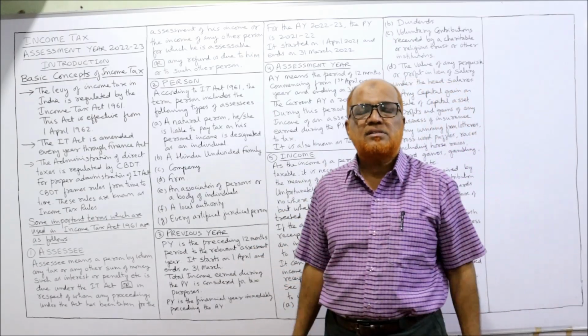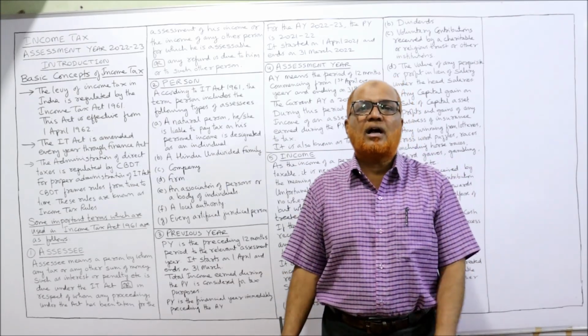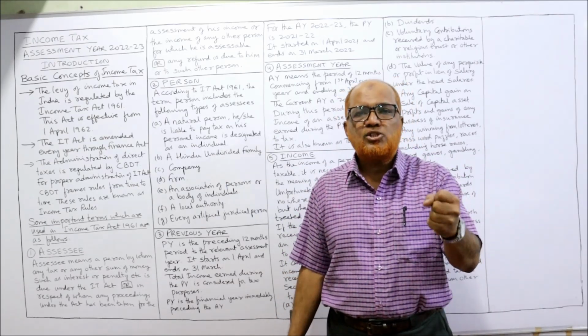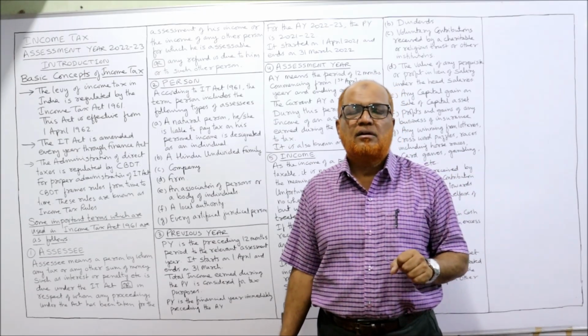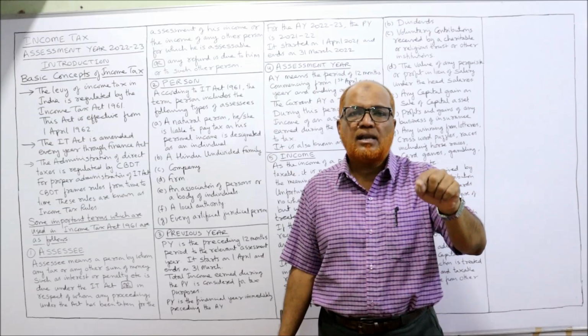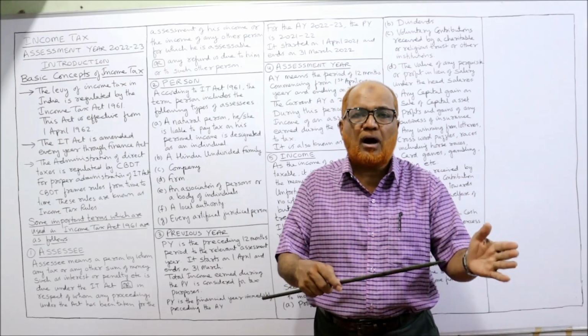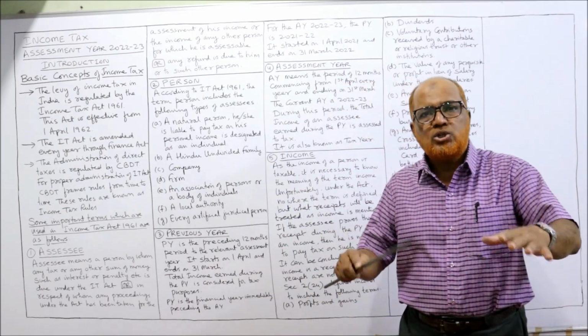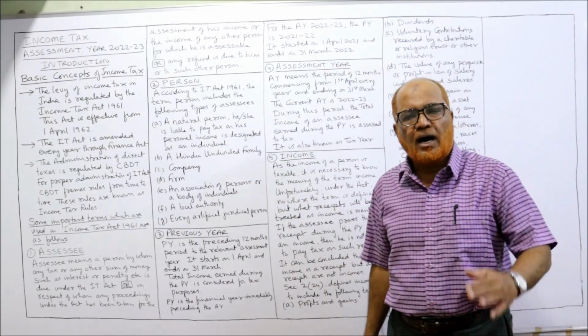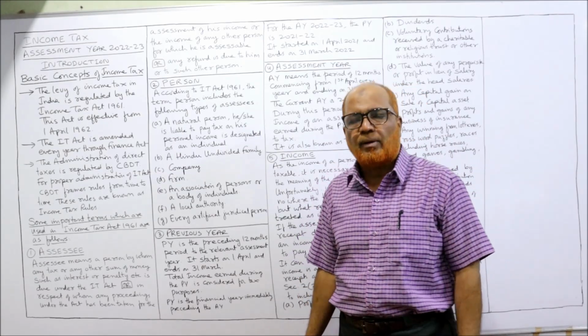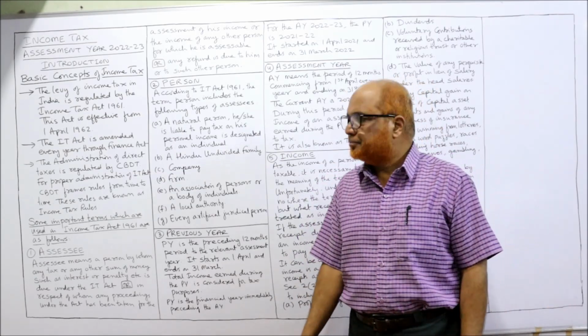They are running a business. The head of the family is called the Karta. The Karta is responsible for managing and controlling the whole HUF business, and the Karta is liable to pay tax on behalf of the HUF. The HUF is also a person according to the Income Tax Act. The other persons of the Hindu undivided family are called co-partners.